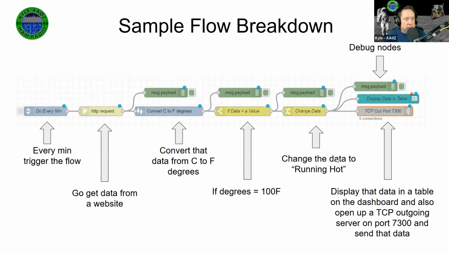We're going to change that value from a number to a string, and we're going to say that that string says running hot. And then we're going to display that information on the dashboard. And let's say we're also going to shoot that string out to a TCP port that we created on port 7300. So that is a basic flow breakdown of what a flow looks like.